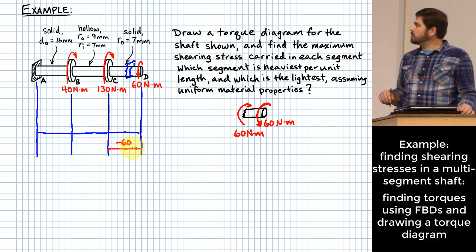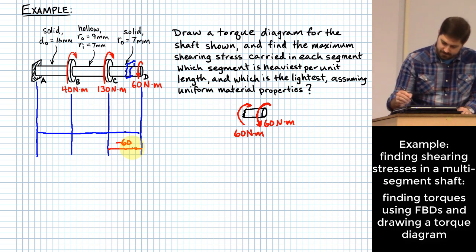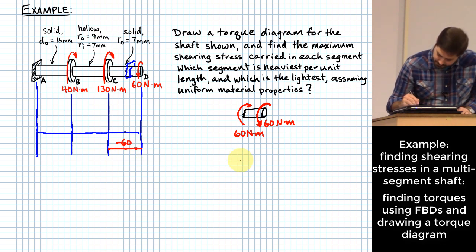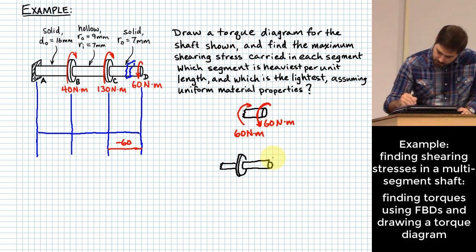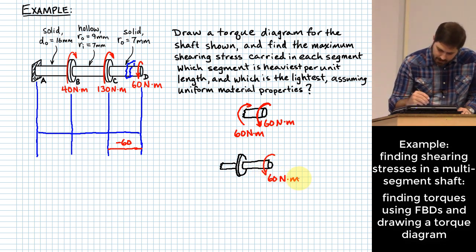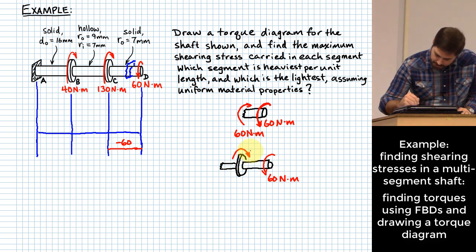And then what happens between B and C? Kind of similar to what I did on the first one, except on this one, I'm going to make the cut over here. And with this one, I'm going to put 60 Newton meters on right here, and 130 Newton meters on here.